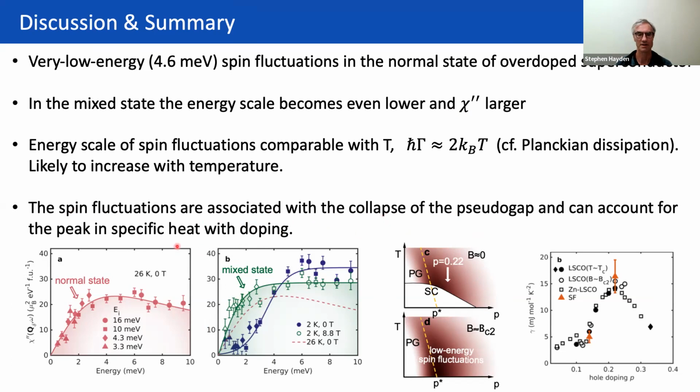And within this model I showed you, we can account for the specific heat, at least, and its variation with doping between these 2 points, each of which is several weeks of beam time. Unfortunately, it'd be nice to have lots of points, but that's the way it is. Okay, so thank you for your attention.